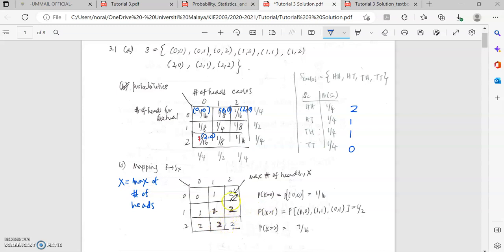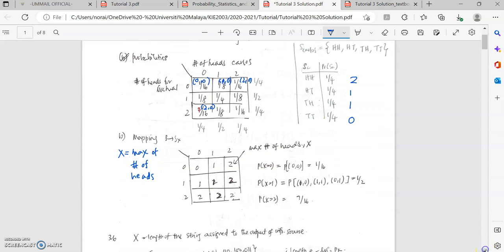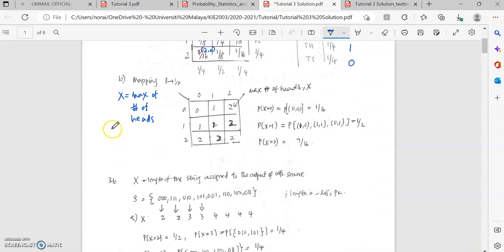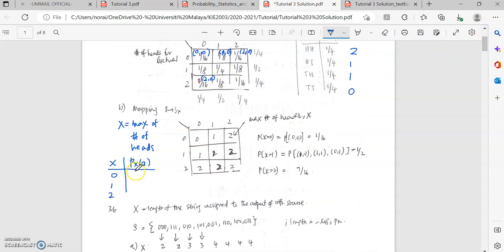Okay, so now we need to find the probability distribution for X. X is the maximum of heads, and we want to find the probability of that X. Again, you have 0, 1, and 2. That's all the outcomes. For the probability of X taking 0, we get this outcome just once, and the probability is 1 over 16.